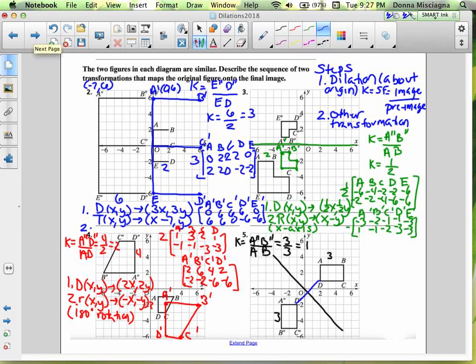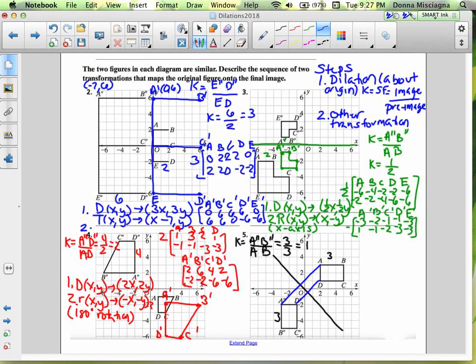If we were to connect the corresponding figures, you can see that they are perpendicular to our line of reflection here, which means that's our line of reflection. So if you connect corresponding points and they're parallel and perpendicular to some line you can draw, that line you can draw has to be your line of reflection.